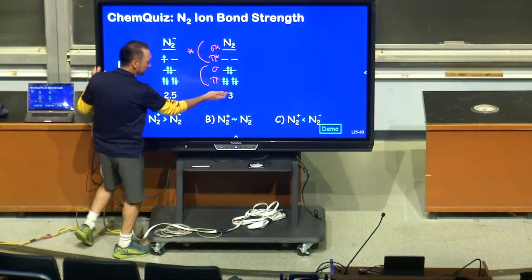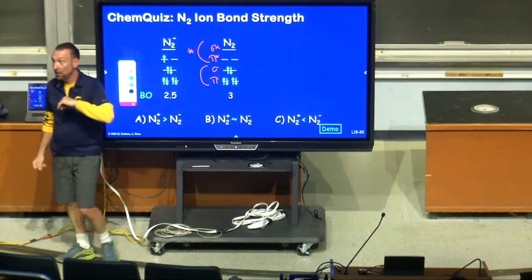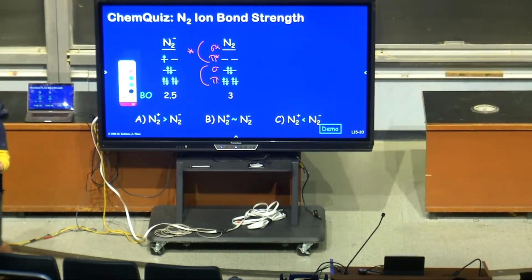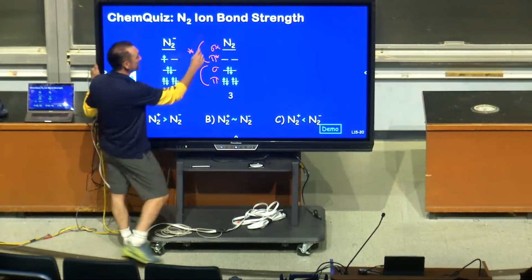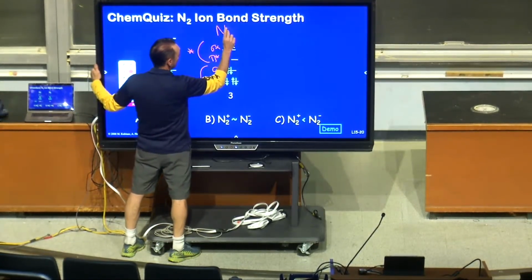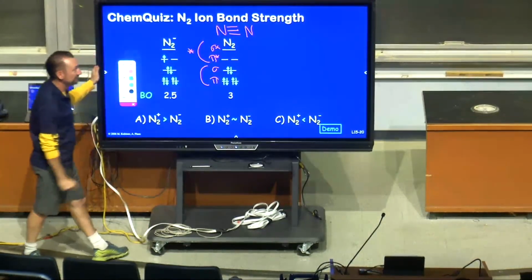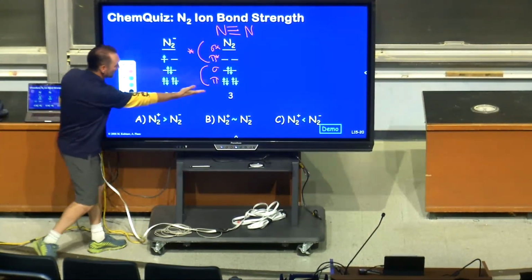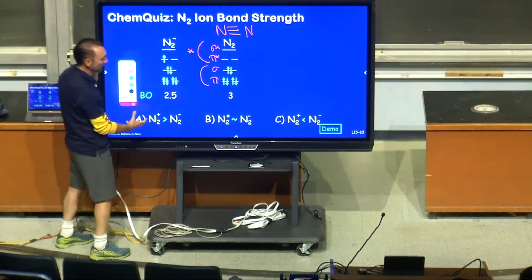So 6 electrons can make 3 bonds, and we're super happy about that because it agrees with our electron dot structure. If we drew the electron dot structure, we did say triple bond to nitrogen. So that's nice that we see that reflected in the molecular orbital theory.